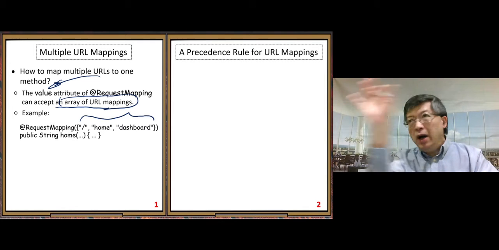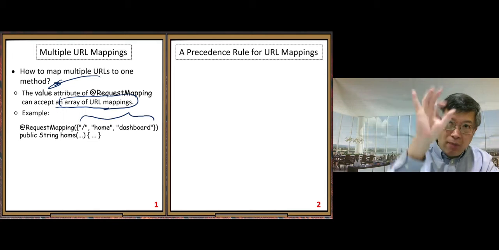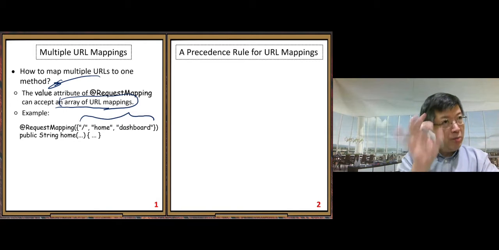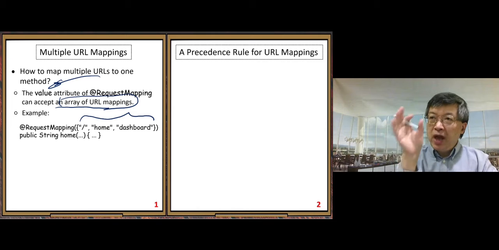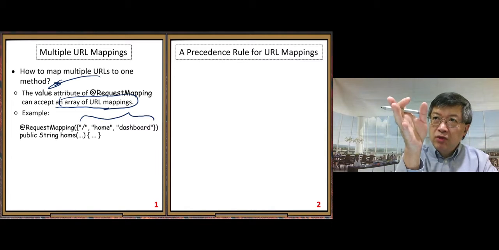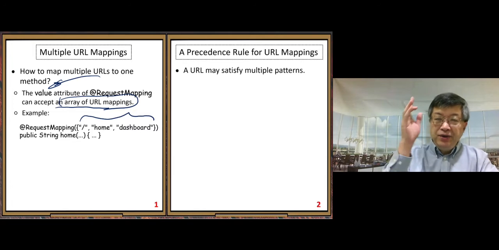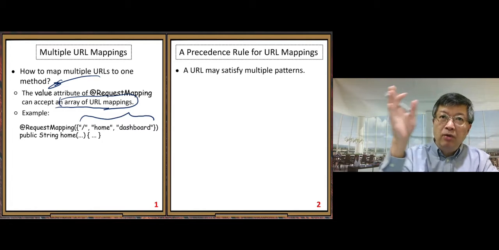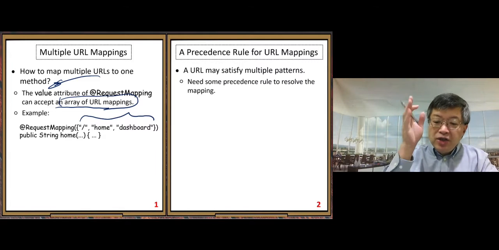If one URL pattern can match multiple methods, which method should be called first? Which method takes the precedence? That's the meaning. All right. A URL may satisfy multiple patterns. Need some precedence rule to resolve the mapping.